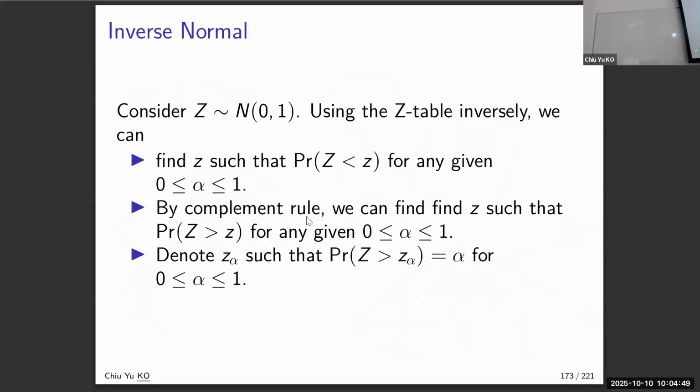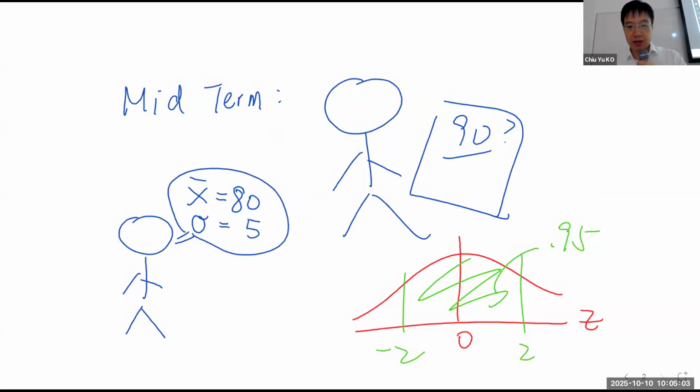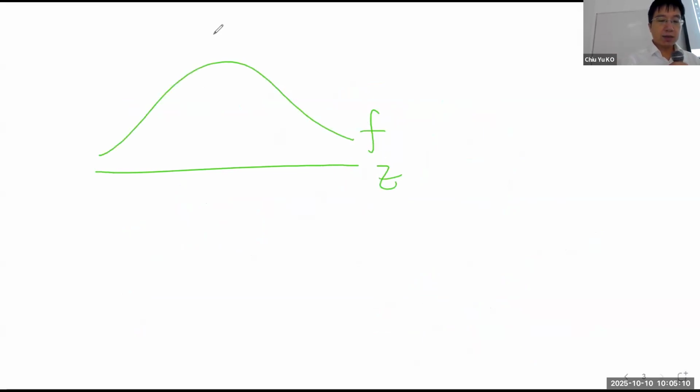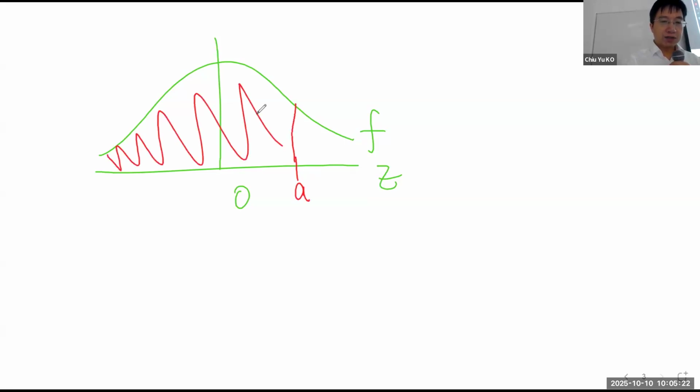Now here is the inverse normal, which is asking you to read the table in reverse. Remember the big F table, the Z table, works like this: this is Z, this is 0. You give me a number a, and I give you the area, F of a.